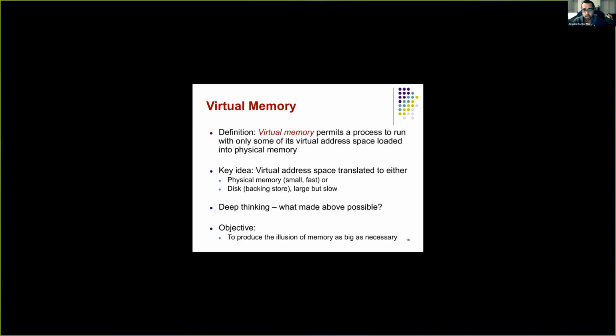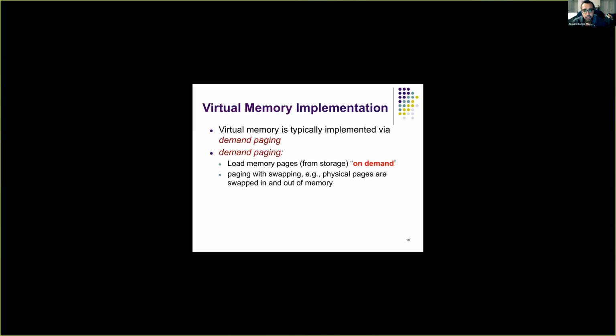Virtual addresses provide the illusion of virtual memory, and according to the process, the entire virtual memory is actually in the main memory, right? A process doesn't know whether a page is in the main memory or on the disk.